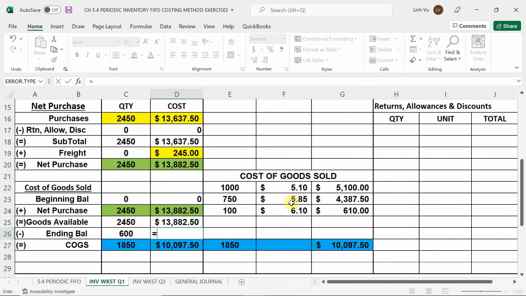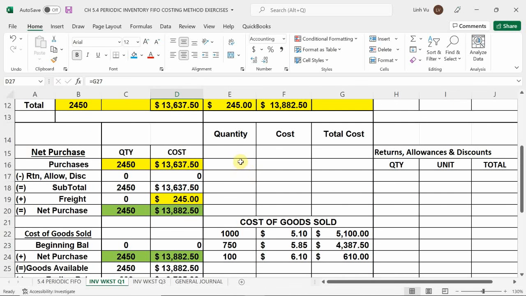Good. Or in this case, it'd be goods available, not net purchase. Goods available minus COGS, which should give you $3,785.